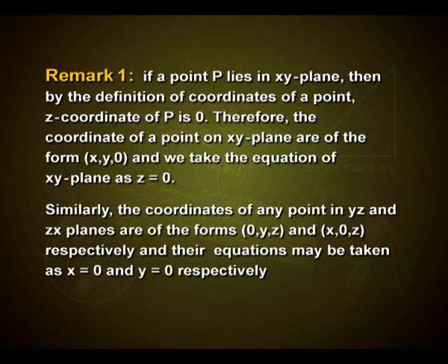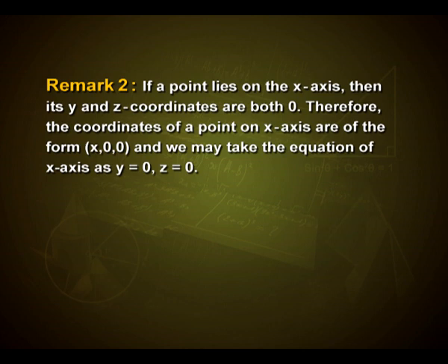y equals 0 respectively. If a point lies on the x axis, then its y and z coordinates are both 0. Therefore, the coordinates of a point on x axis are of the form x, 0, 0, and we may take the equation of x axis as y equals 0 and z equals 0.